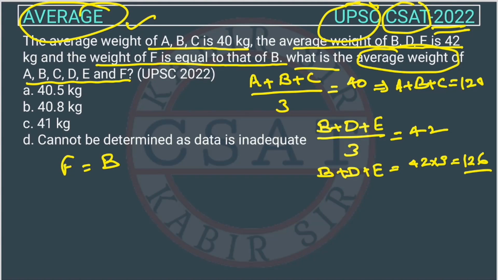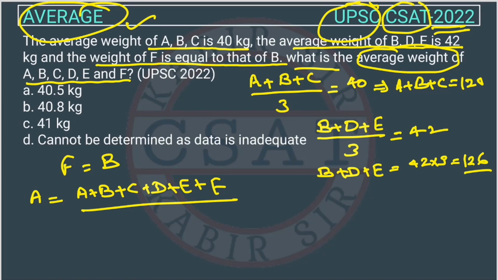So now the question is asking the average of what? All these items, A plus B plus C plus D plus E plus F, right? Upon how many items are there? 6, right? So A plus B plus C we know from this equation, so it will be 120.